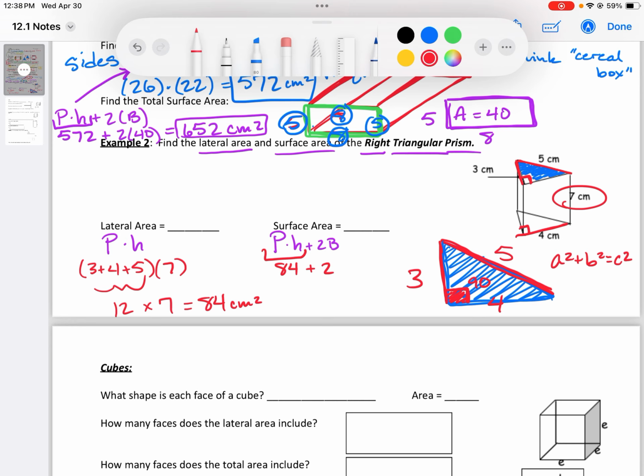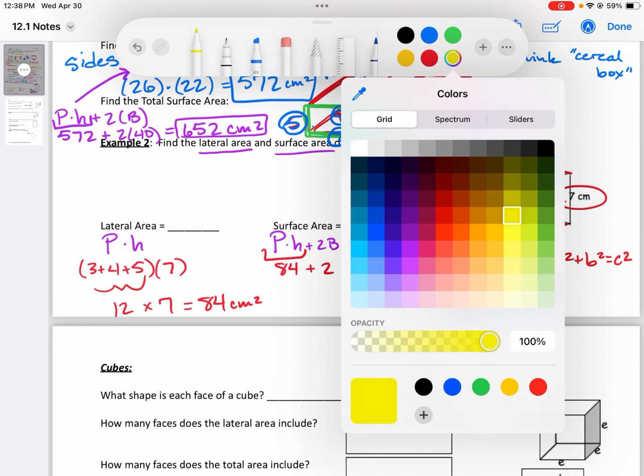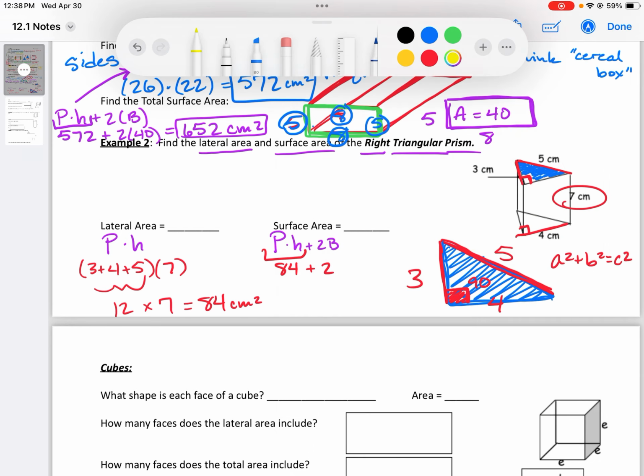but I'm adding 2 times the area of the base. So if I look at this base, pick a different color so it's a little brighter, it's got a height of 3 and a base of 4. Height of 3, base of 4. And the area of a triangle is BH over 2.